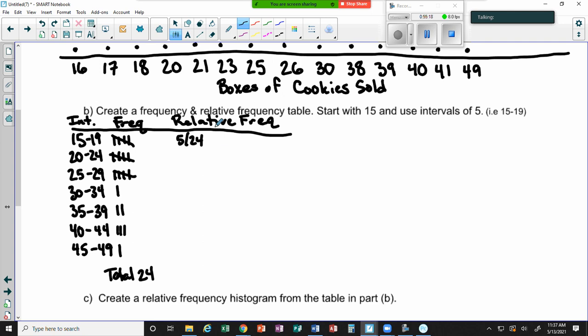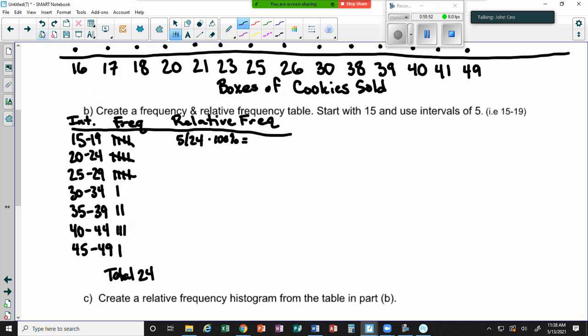No, that one's not going to be a nice, neat, easy way to get it. So this one you're going to need percentages, so you're going to have to go to your calculator. So you do 5 divided by 24, and then multiply by 100 if you want the percentages. 5 divided by 24 times 100%. Is it? 15, 16, 18. 18 and 4 is 22.